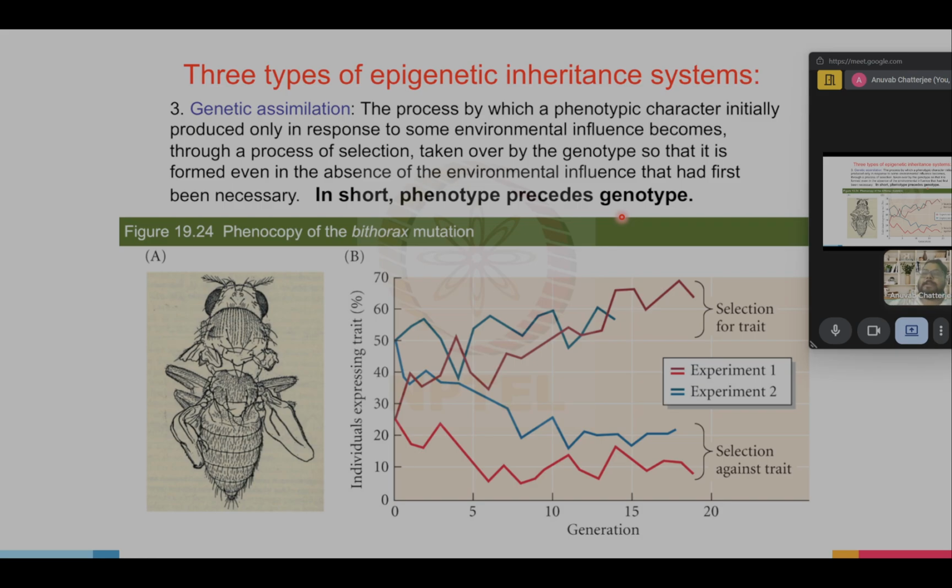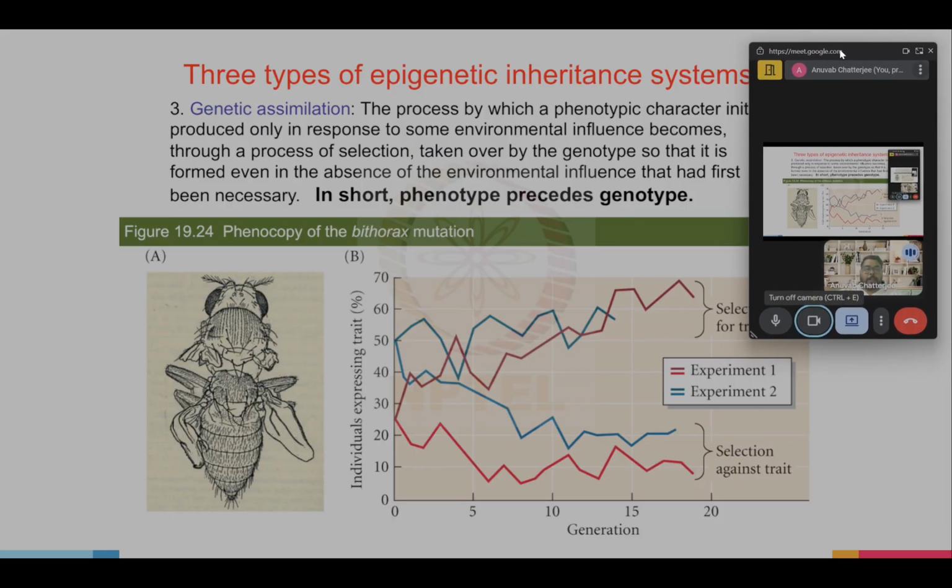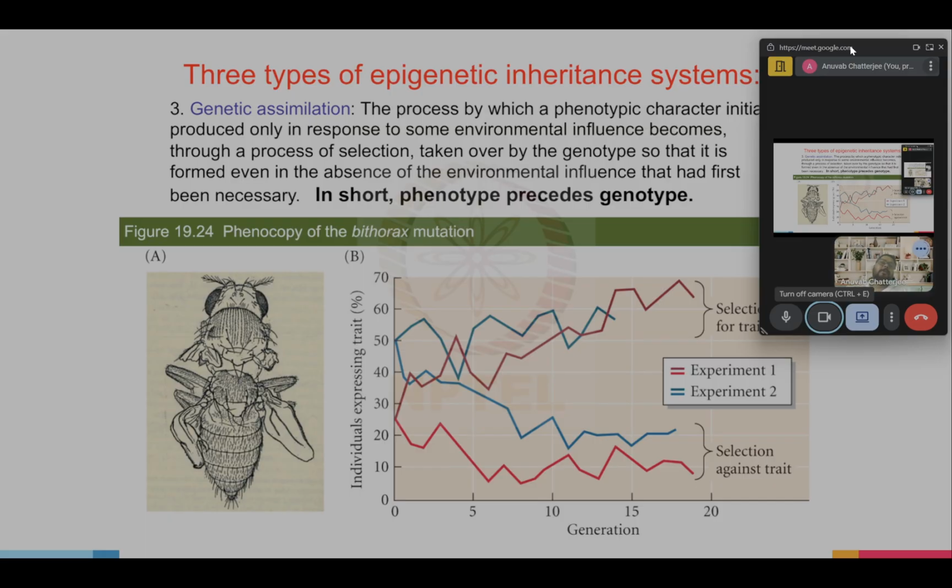So what all of this means is that, as we saw, polyphenism is when the same genotype, the same DNA sequence, can form different phenotypes.